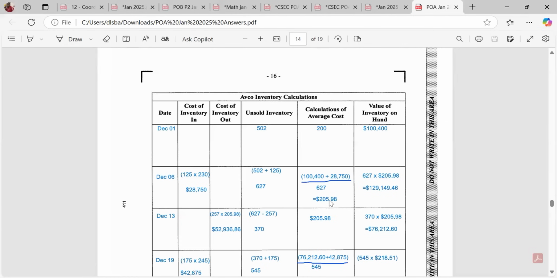And you get your cost per unit. Every time you purchase new goods, you have to do that calculation, which is why it takes some time, right? So now that you know your cost per unit, the value of your inventory would be the total inventory, 627, multiplied by your cost per unit, which is $205.98.